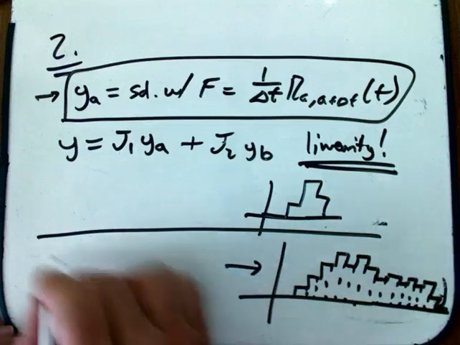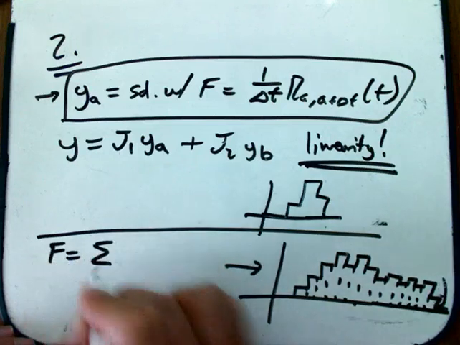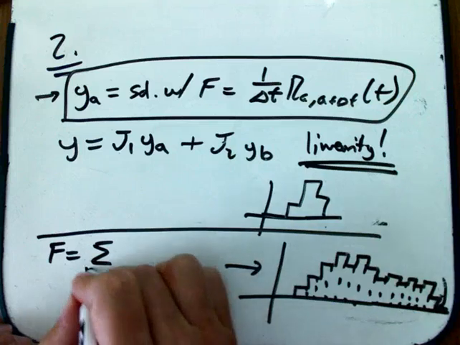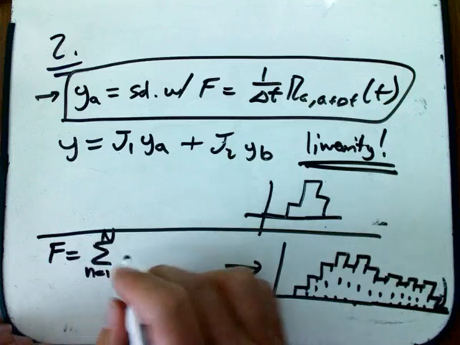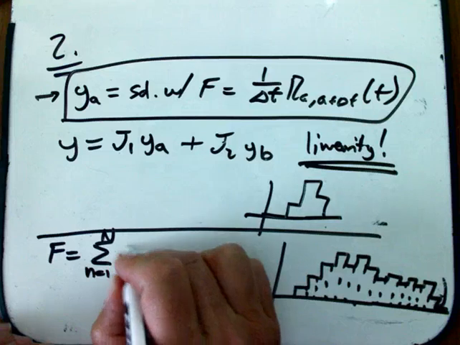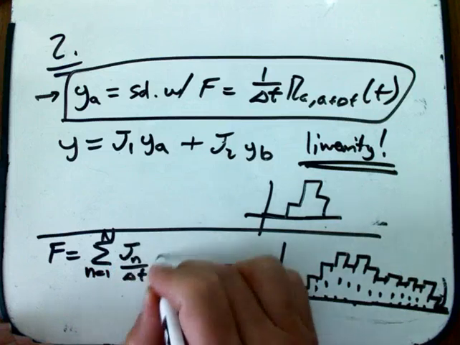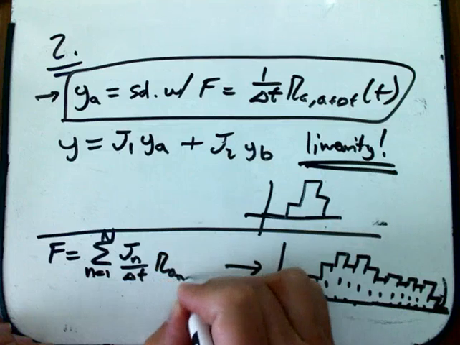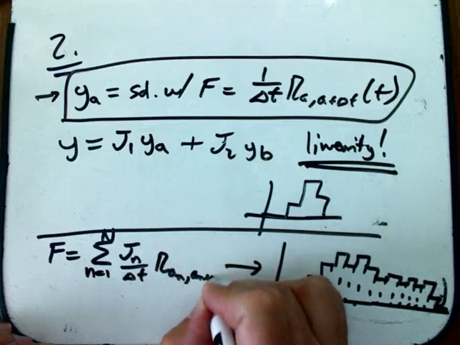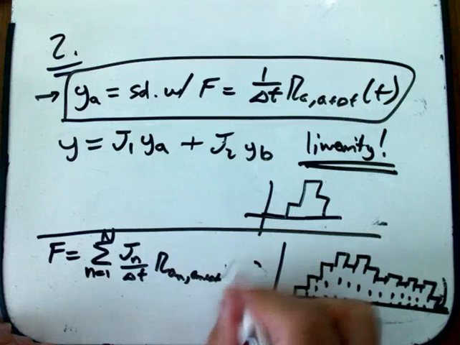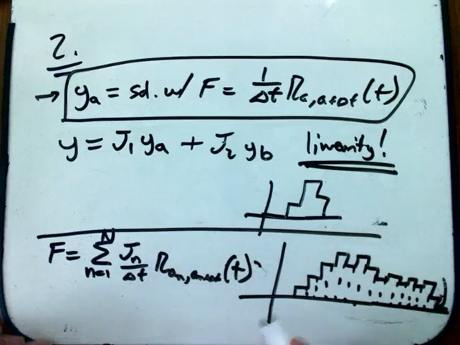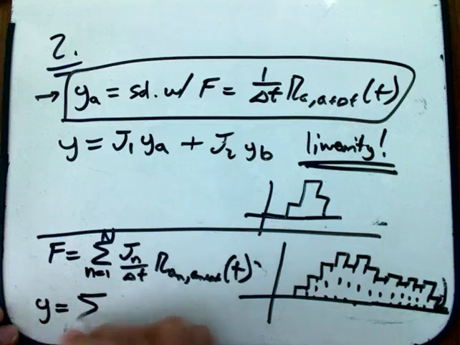If this f is the sum, n equals 1 to big N, of j n over delta t times the rectangular pulse from a n to a n plus delta t of t, just the sum of all those, then by linearity the y is going to be exactly the same sum.